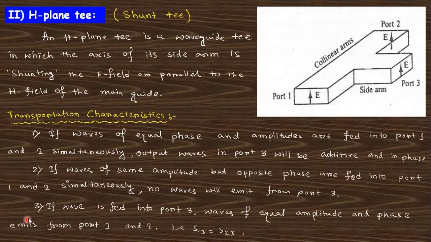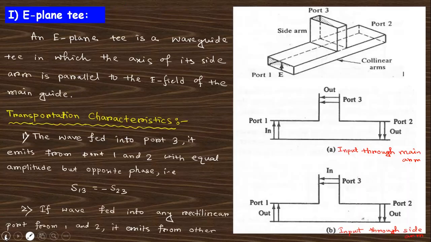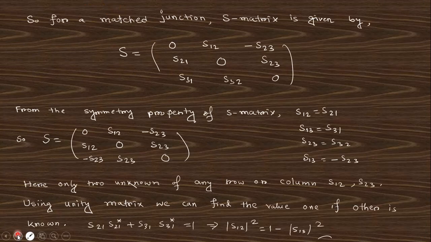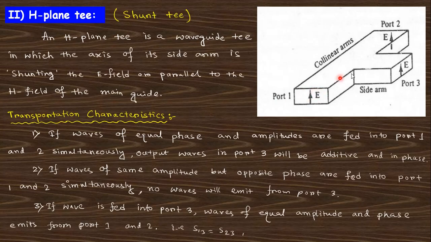Go to the next portion, that is the H plane T. This is sometimes called the shunt T. You can see here, in the previous one, the electric field was parallel to the collinear line, but in this case the electric field is perpendicular to the collinear line. You can see these images. This is the collinear line.